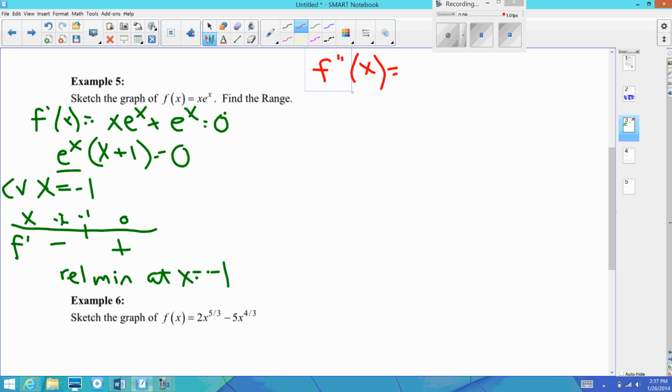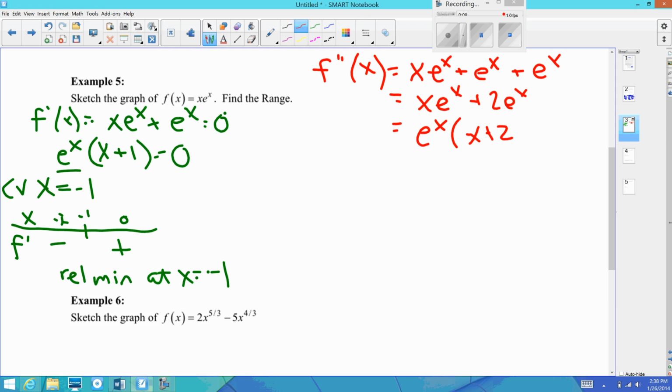So I'm going to use that first version: first times the derivative of the second plus the second times the derivative of the first, then times the derivative of e to the x. So this time I get x e to the x plus 2 e to the x. I can factor this one: e to the x times x plus 2. And you'll see that it's 0 at x equals negative 2.